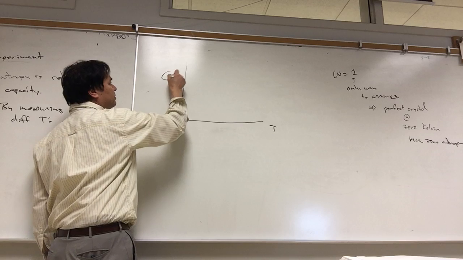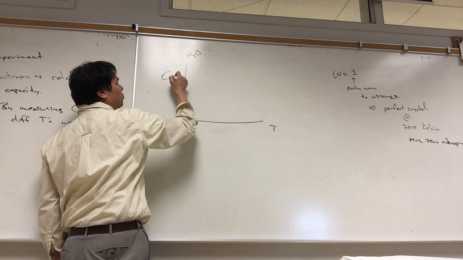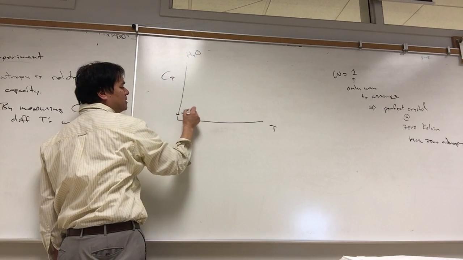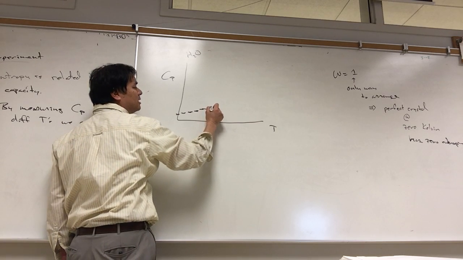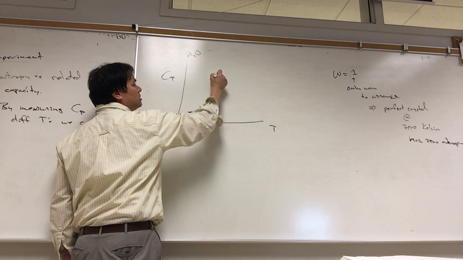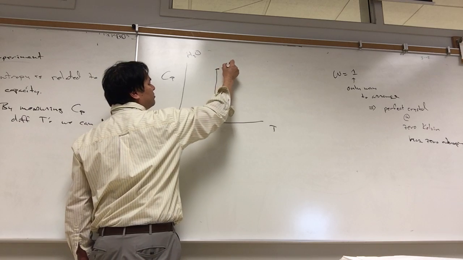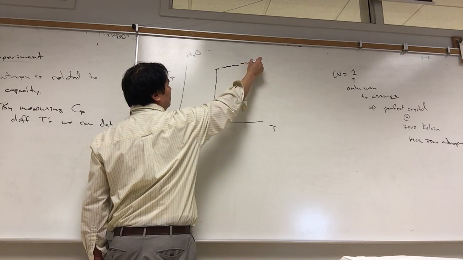And so here's the temperature, here's the heat capacity, here's water. And so solid ice has a fairly low heat capacity. And then when that ice melts, what happens to the heat capacity? It shoots up.